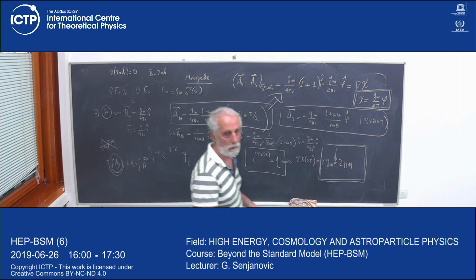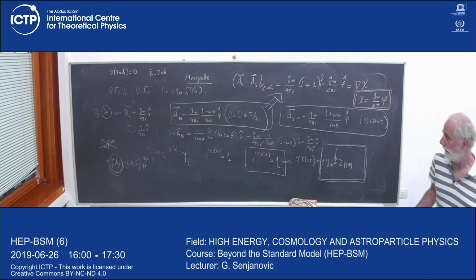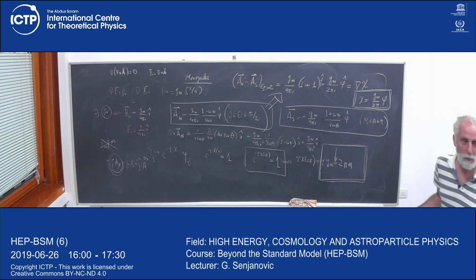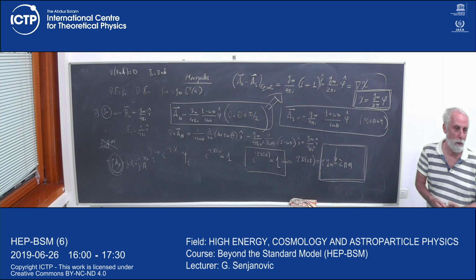But can you also say that g_n goes to 0, so we cannot say anything about the charge itself? If there is no monopole, we cannot say anything. You're right. If g_n is 0, then there is no relation. That's good old QED.